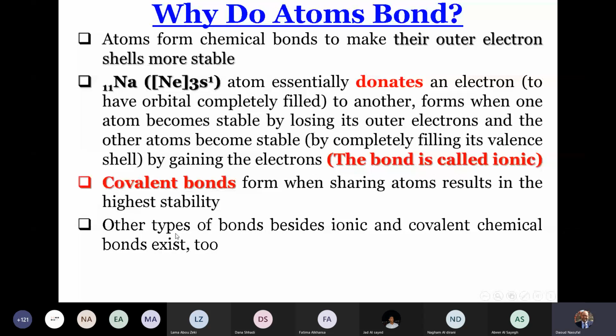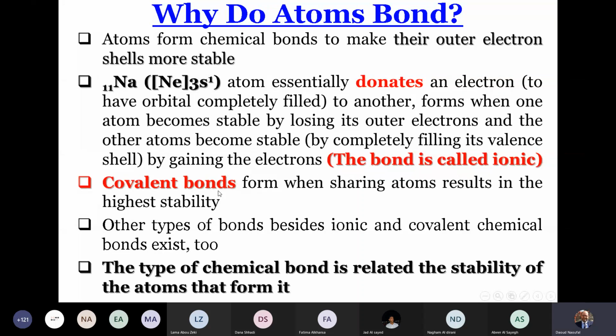We have another type of bond which is not 100% ionic, nor 100% covalent, and this type is called the polar bond. What is the meaning of polar bond? It is an intermediate bond between covalent and ionic.